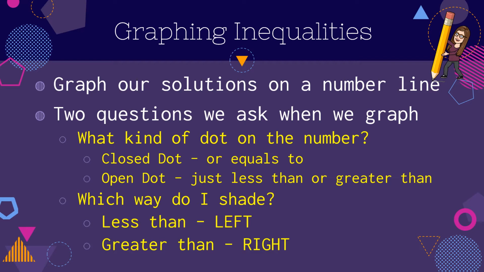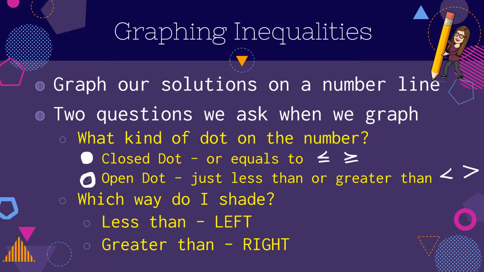It is going to be a closed dot, so completely shaded in, if it says or equals to. So that would be like less than or equal to or greater than or equal to. It's going to stay an open dot if it's just less than or greater than. So open means not included. Solid or closed means included.